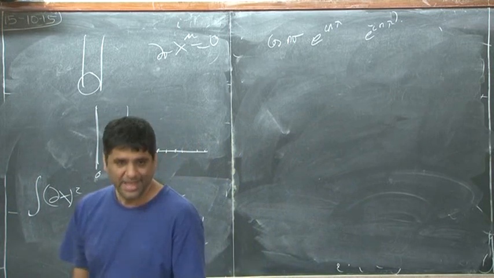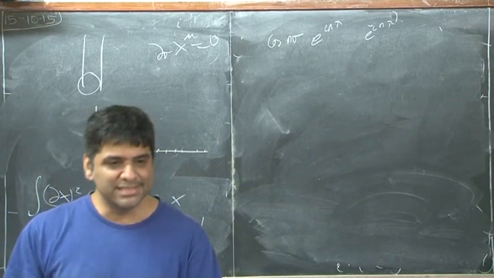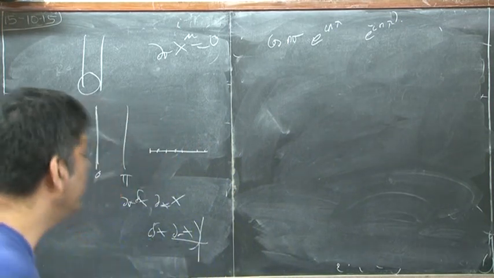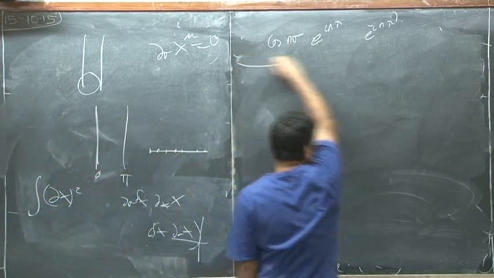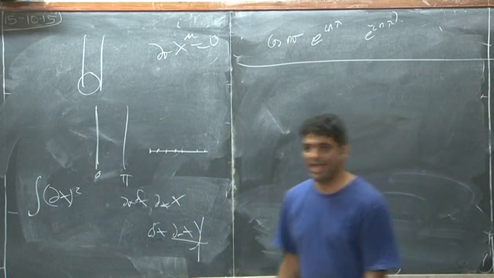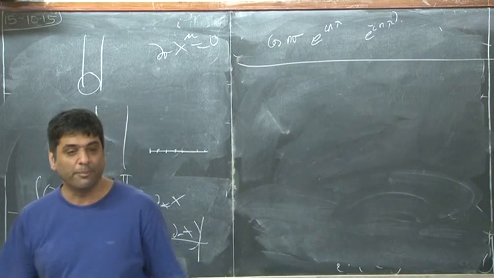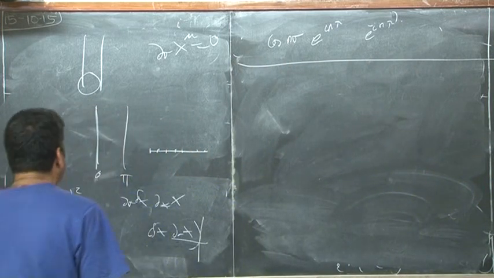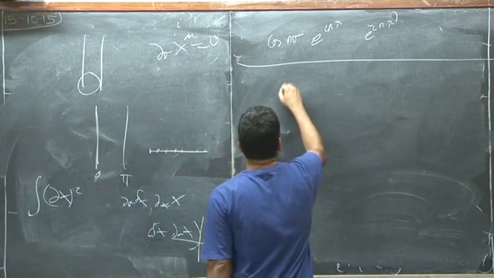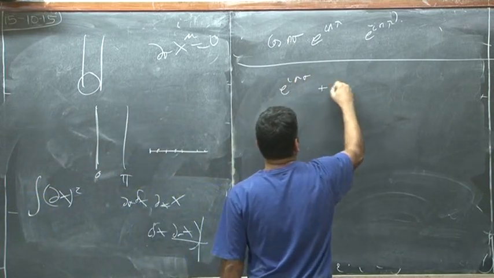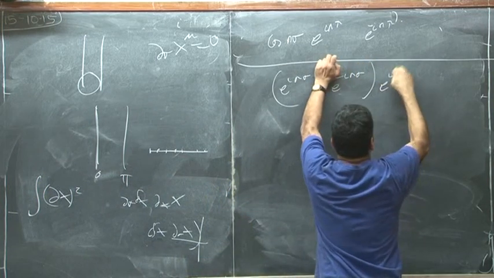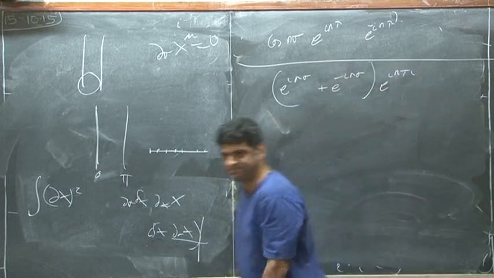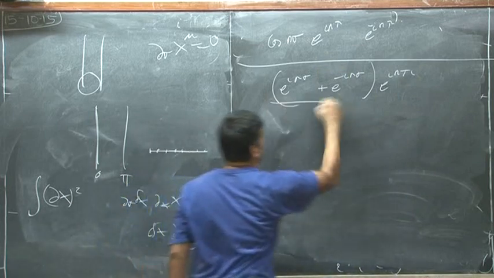Okay? Now, for many purposes, it's useful to think of the open string as just the holomorphic sector of the closed system. And I'm going to try to explain that now. See, cos n sigma is e to the power i n sigma plus e to the power minus i n sigma. And let's choose one of these time dependencies.